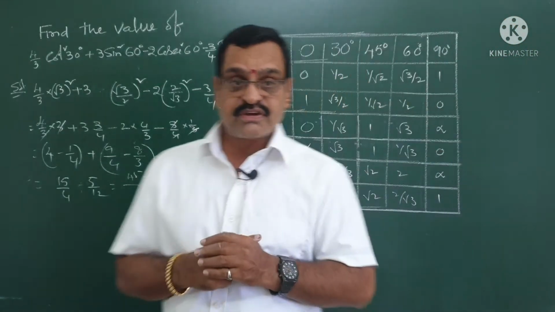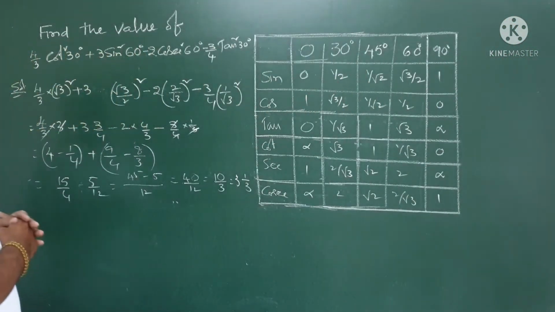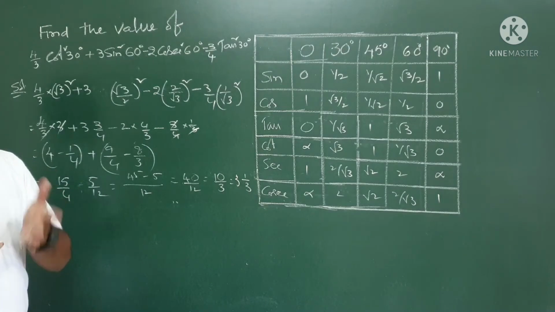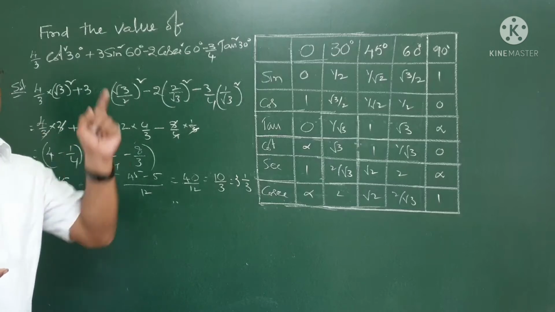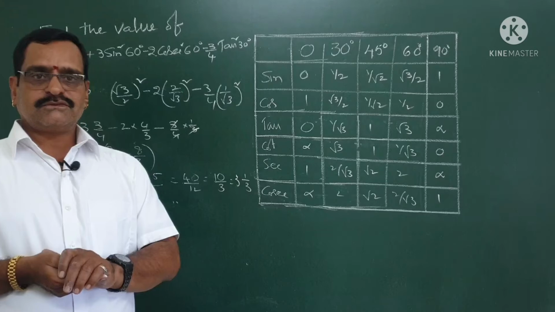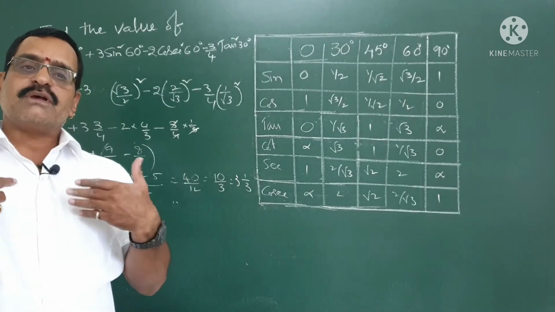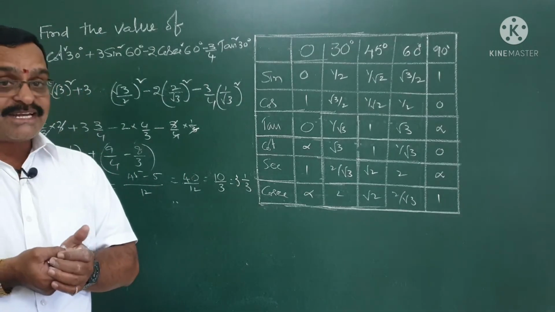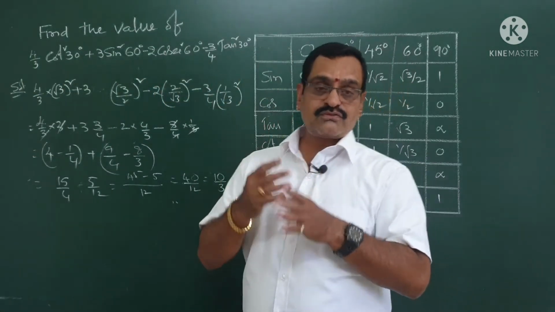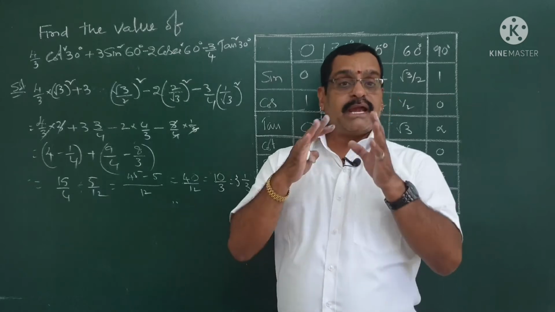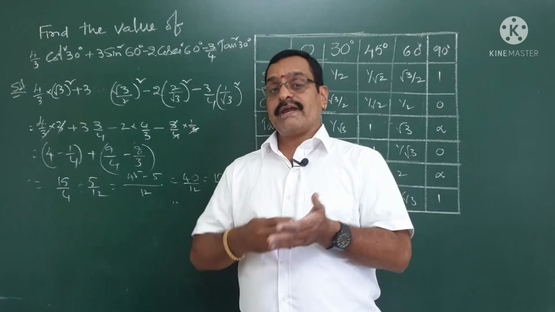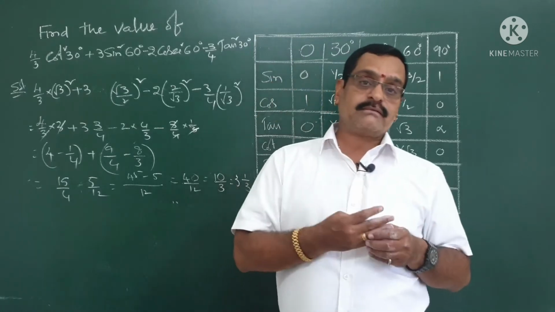Suppose in any expression, if I want to find the value of any trigonometric ratio of an angle more than 90, this table is not useful. So in that case, we need some more information. The lesson is how to find the values of trigonometric ratios for any angle of any size or any sign.